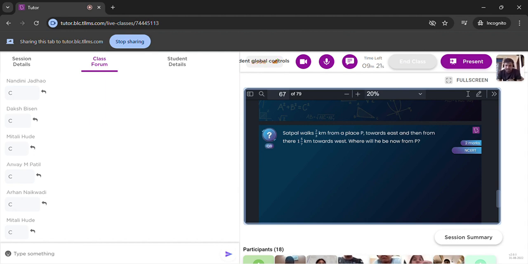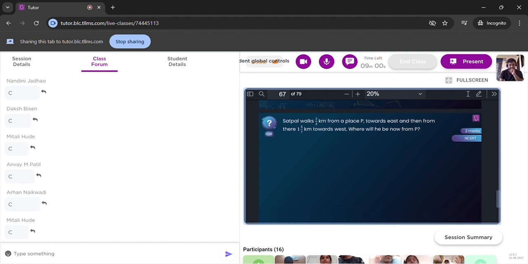Satpal walks 2 by 3 kilometer from a place P towards east, and then from there 1 whole 5 by 7 kilometer towards west. Where will he be now from P? Okay, what will be the answer for this?